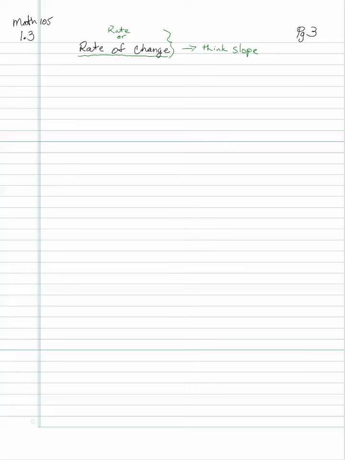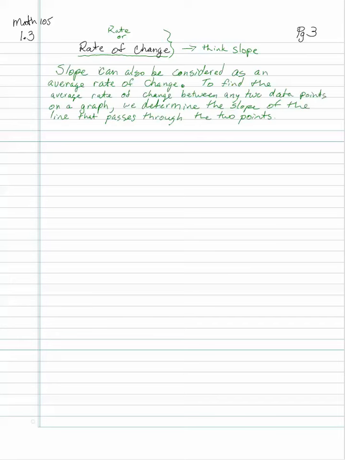If you have two data points, the rate of change is going to be the slope between those data points. So slope can be considered as an average rate of change. To find the average rate of change between any two data points on a graph, you just find the slope of the line that passes through those points. Okay, so simple enough.